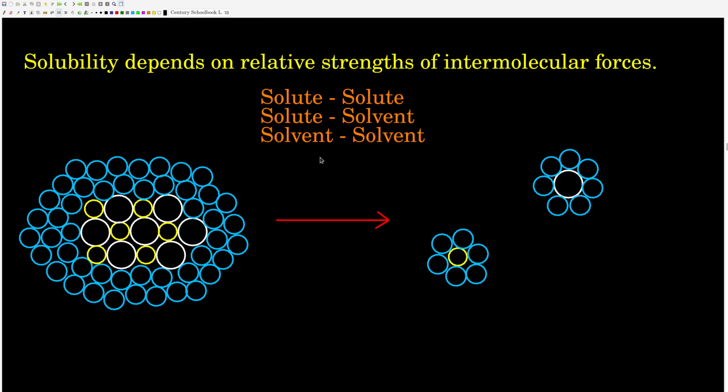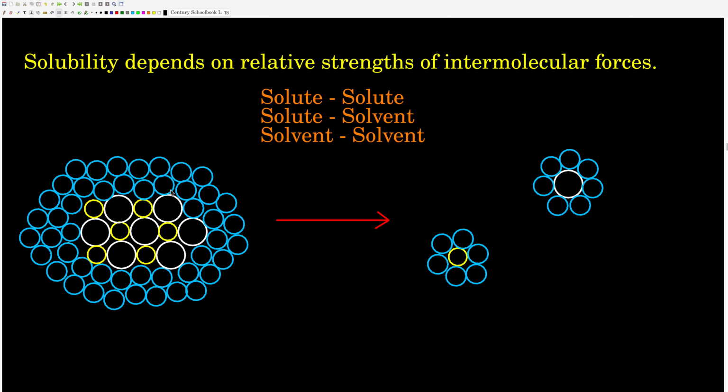But overall what happens is, as we put that crystal of sodium chloride into the water molecules, we know water is a polar molecule, so it has a positive end and a negative end. These are going to interact with the positive and negative charges on these ions here and start pulling them away from the other ions.